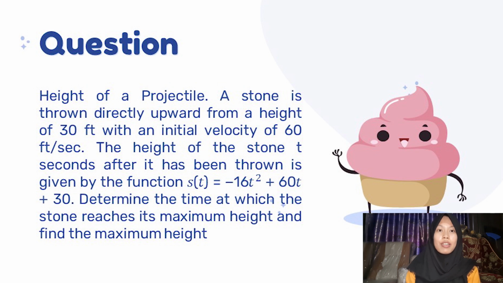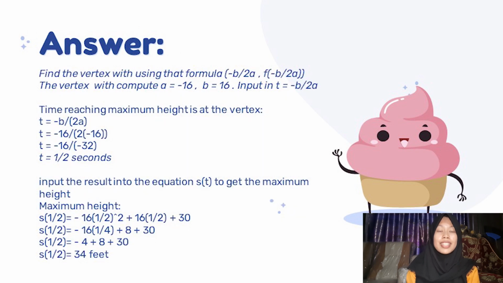The height of the stone t seconds after it has been thrown is given by the function s(t) = -16t² + 60t + 30. Determine the time at which the stone reaches its maximum height and find the maximum height. The answer.